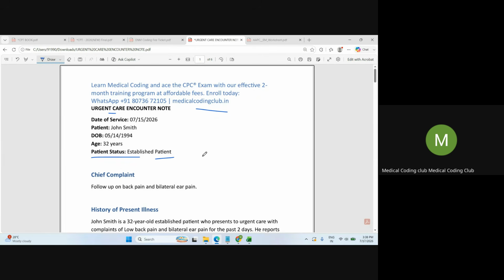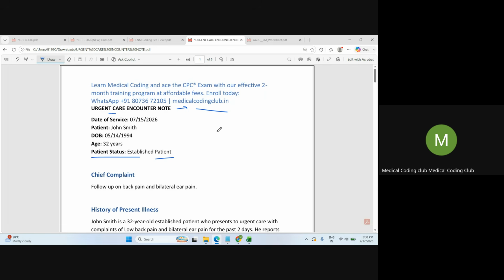When you're actually working in the software, we will be able to see the patient visit history, and by seeing the visit history, we will understand whether this patient is a new patient or established. Since here we do not have software access, I have directly mentioned the patient as an established patient. So this is the first thing that you will identify with the ENM code. And also the setting. The setting is urgent care, which belongs to outpatient, as I already mentioned.